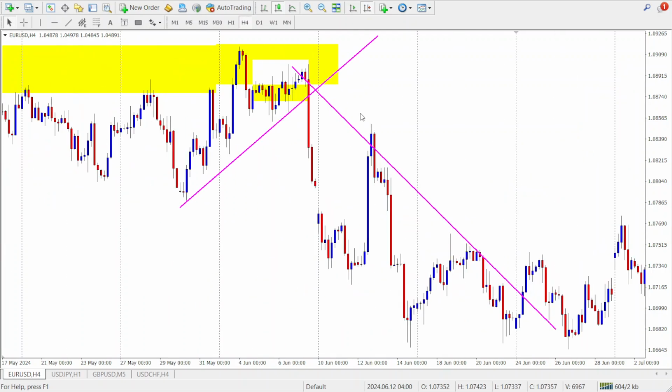We can see that it seemed like we had a retest around here, even though the retest did not get very close to the breakout point. This was where the breakout point was, but we had kind of a retest to this point before a continuation in the direction of the breakout.